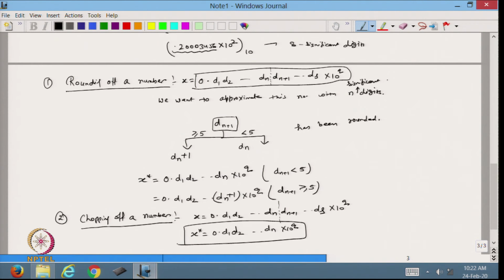In this case, if dn+1 is less than 5, then the rounding of a number and the chopping of a number are the same. That should be taken care of.